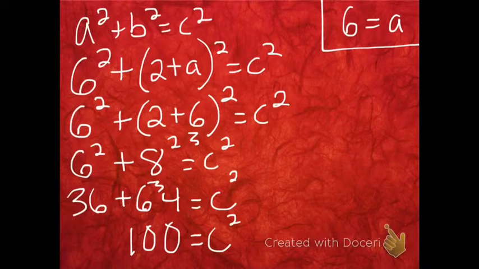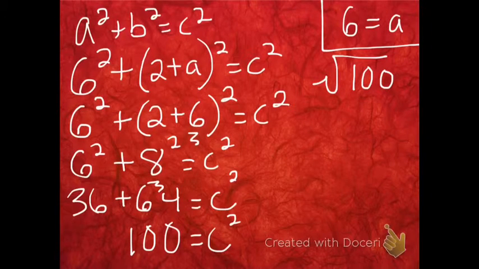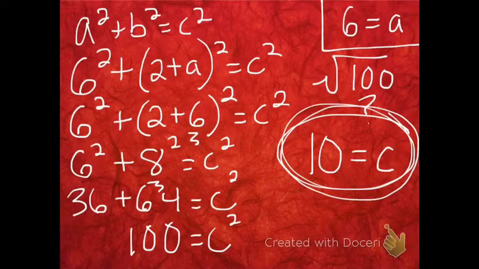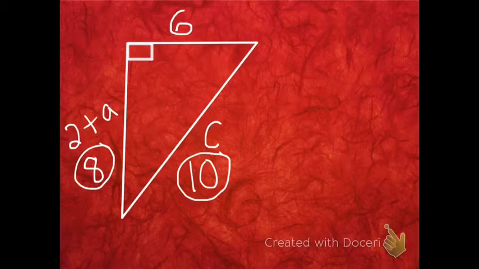Then that means that we must find the square root of 100. So the square root of 100 is what? Well, the square root of 100 means 10 equals c. So our answer is 10 equals c. Okay, now let's go back to the original problem.